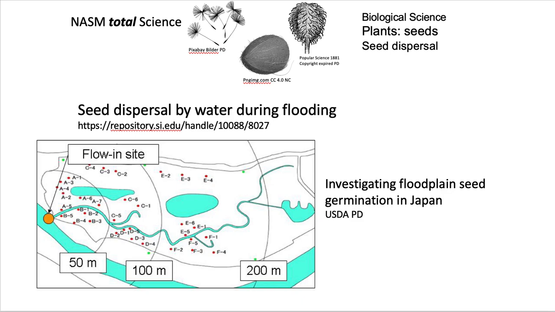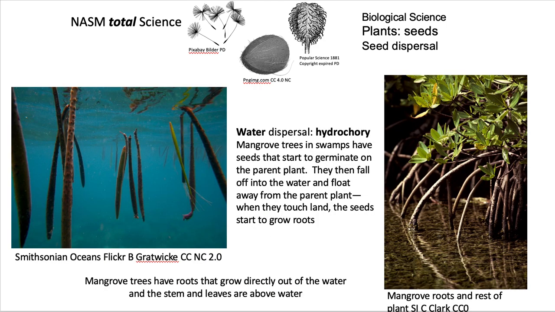And you can get seed dispersal during flooding, and you've got a site on the left where there's water ingress, and it's going to spread the seeds a particular distance. Then we look at the mangrove tree.